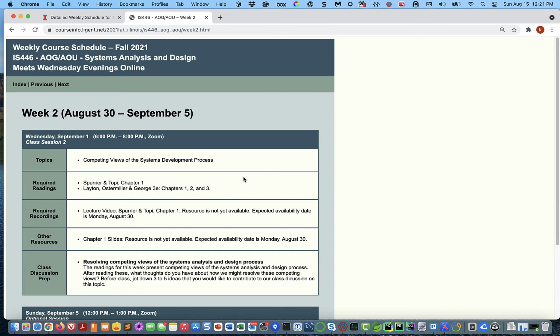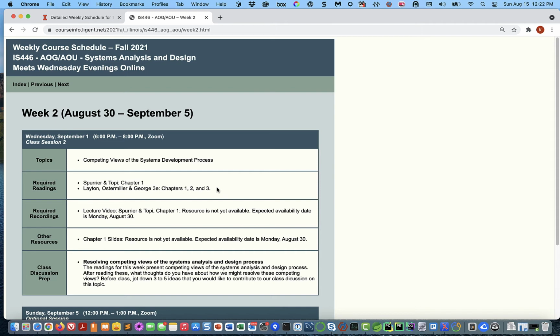So we begin with chapter one from the Spurrier and Topi book, which gives you a broad view of all the kinds of possibilities. And we're also going to read chapters one, two, and three from the Layton book, which is Agile Project Management for Dummies.